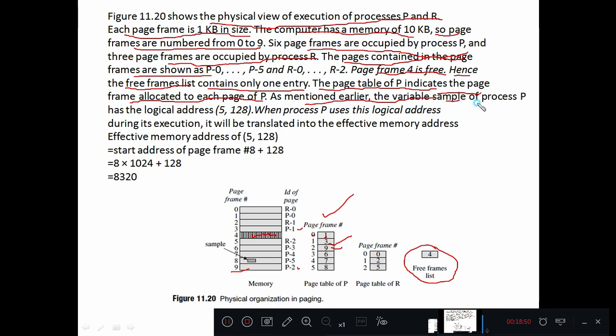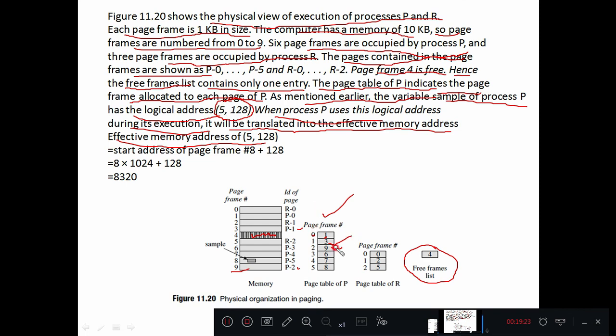As mentioned earlier, the variable sample of process P has a logical address 5128, and when process P uses this logical address during its execution, it will be translated into an effective memory address. What we discussed in the last to last slide was a logical address, right? So now if I ask you to calculate the physical address, first it will look into the page number.